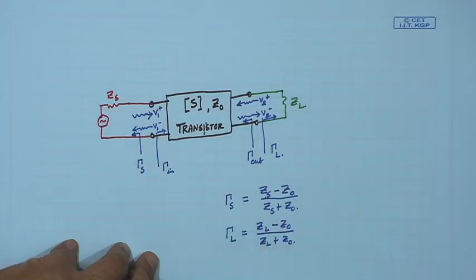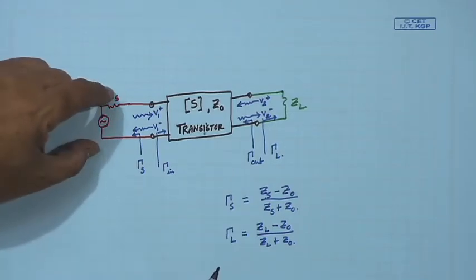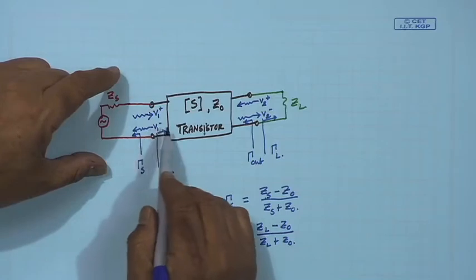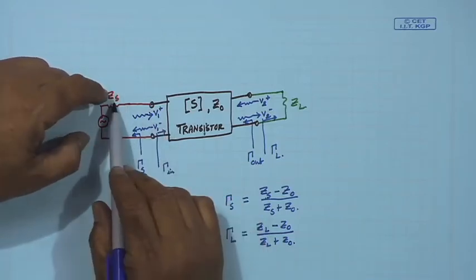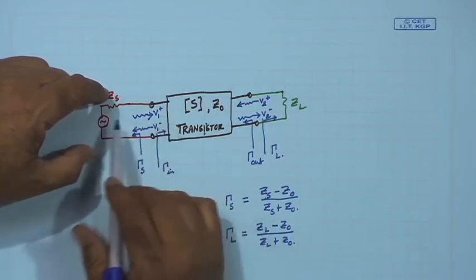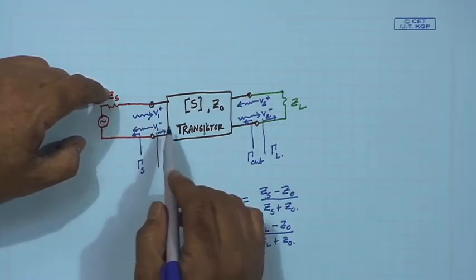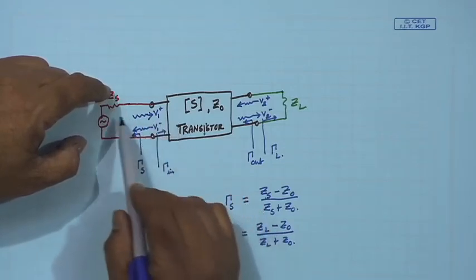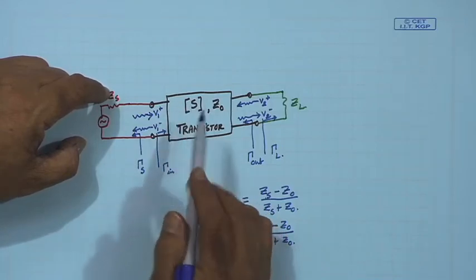Now, I have certain power, and depending on the input impedance I am seeing here, Zs will be able to transfer a part of that power. We know that if Zs is chosen as Z in conjugate, then maximum power can be transferred to this transistor.